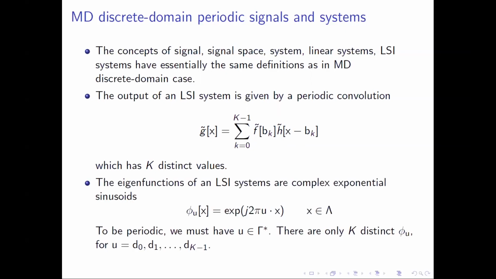The eigenfunctions of a multidimensional periodic discrete domain LSI system are again complex exponential sinusoids. However, for these sinusoids to be gamma periodic, the frequency vector must belong to the reciprocal lattice gamma star. There are exactly k distinct complex exponentials on lambda with periodicity gamma.